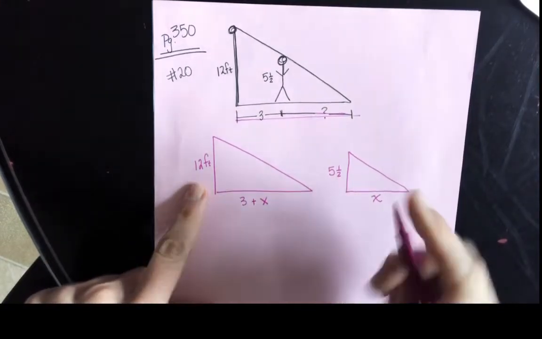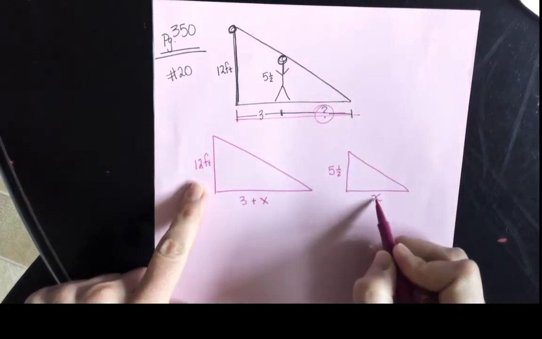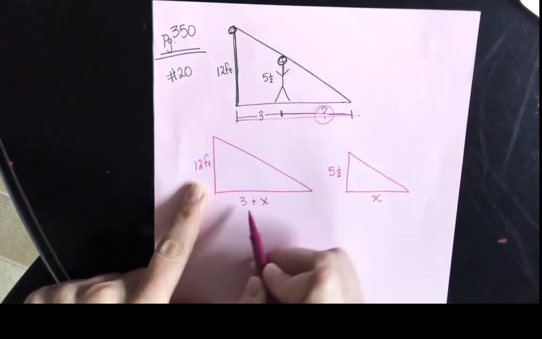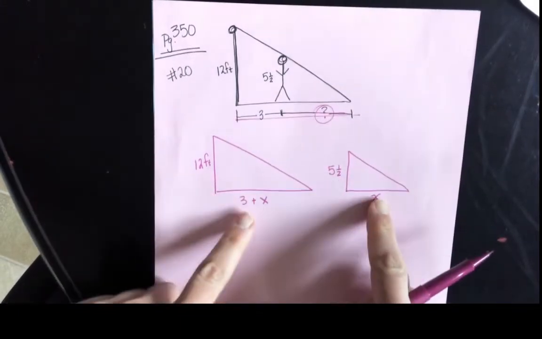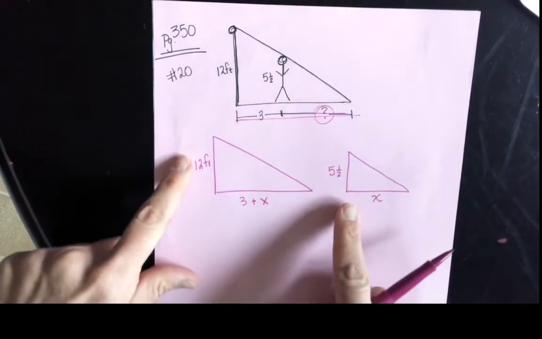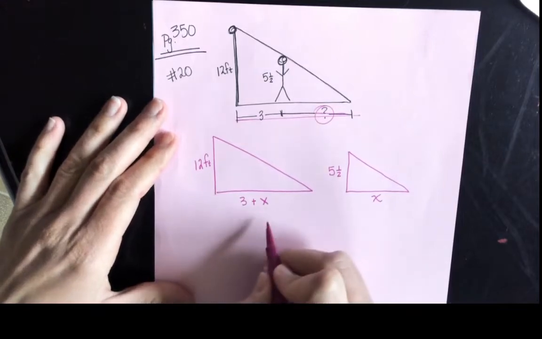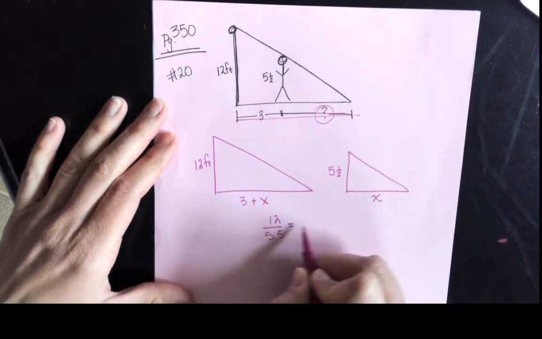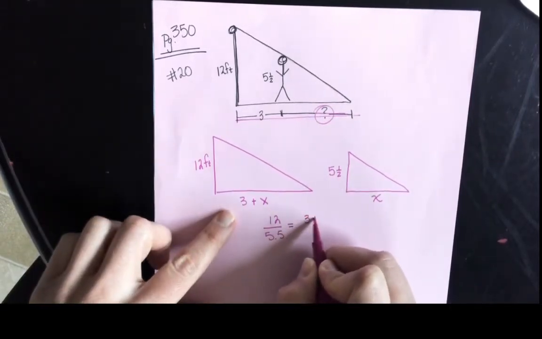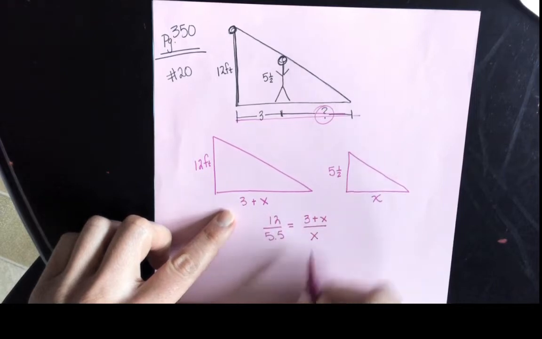If I have this unknown and I've labeled it X, I know that I'm going to take 3 more feet and have that as 3 plus X. I can now set up my proportion using this information. So I could do 12 to that 5.5 equals 3 plus X over X.